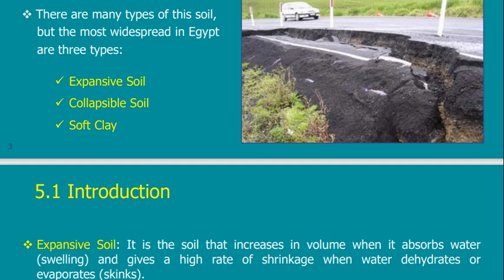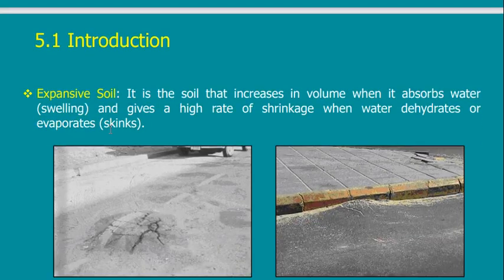So if it cannot carry a human being, then it will not carry any structure. So it is a big problem. These are the main 3 problematic soils in Egypt. But there are lots of other problematic soils outside Egypt. But these are the normal cases in Egypt that we have to study.